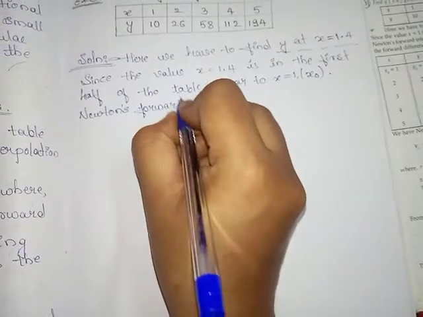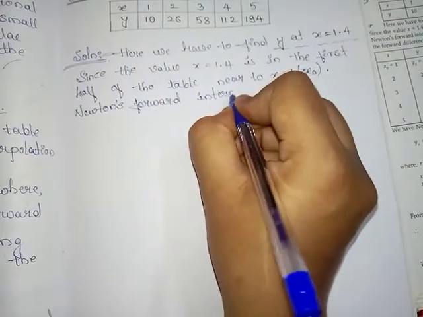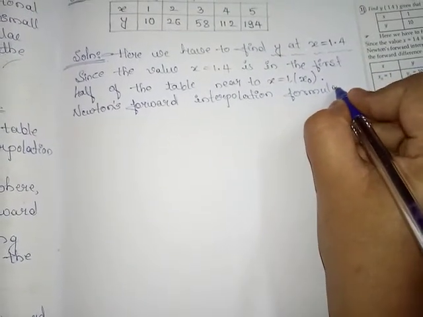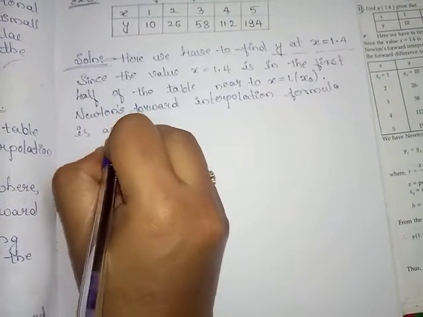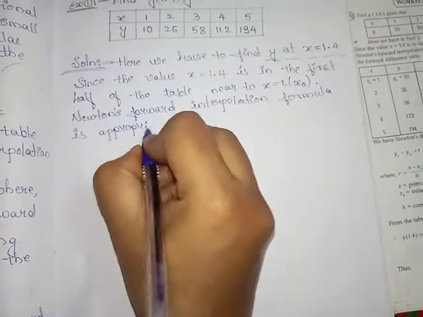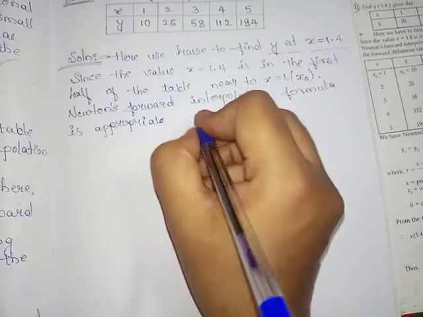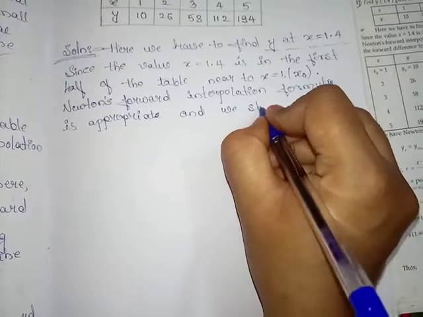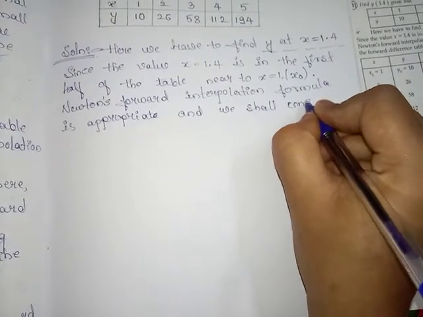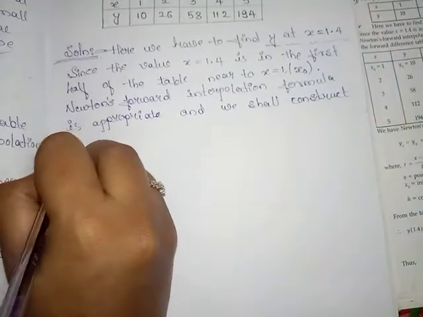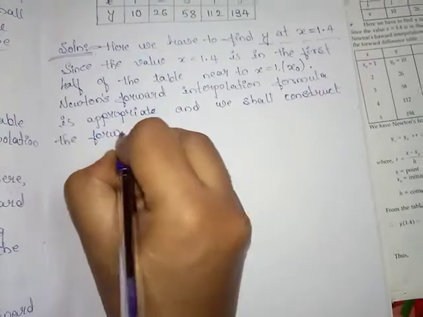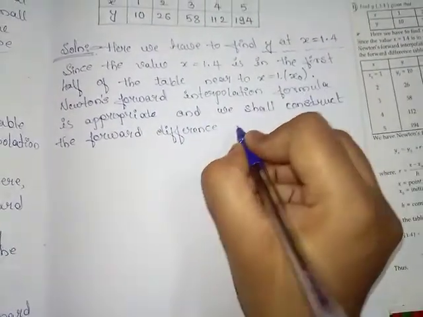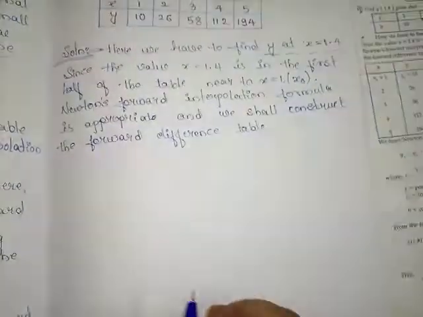Newton's forward interpolation formula is appropriate, and we shall construct the forward difference table. Okay, now we construct the table.